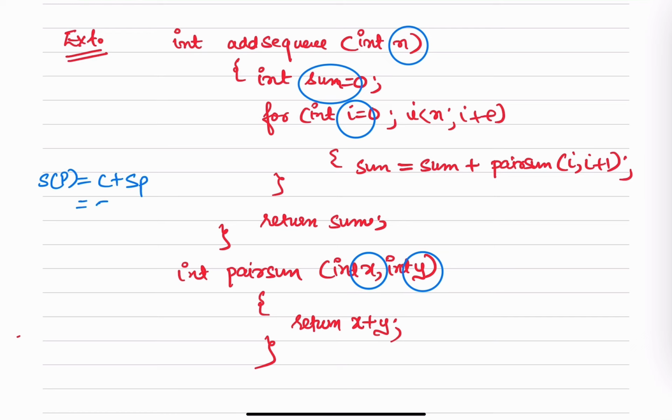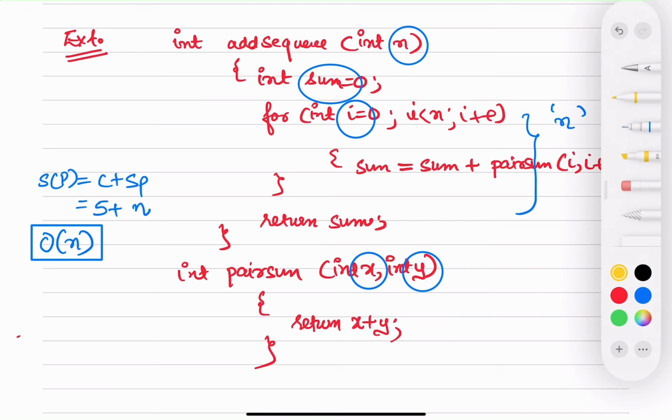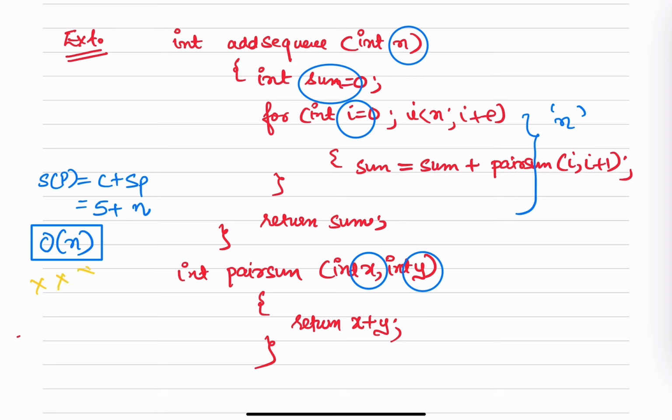So we say 5 constant space, and you will say this particular thing will go for n times, so you will write 5 plus n, depending on how many times you want to execute it. If it is this, it becomes O of n according to you, which is wrong. That's why I made you write that you should not think as a thumb rule that whenever n calls are happening it means O of n space.